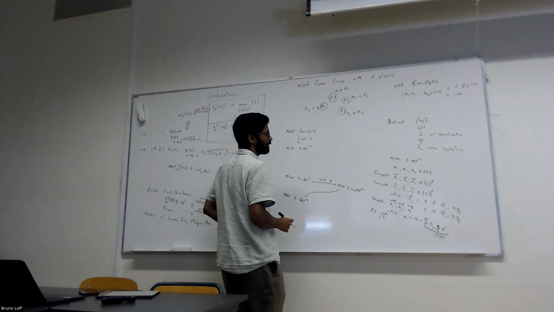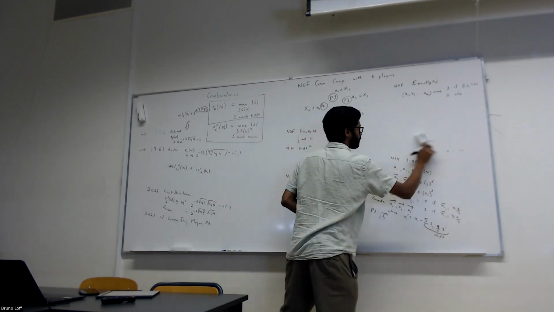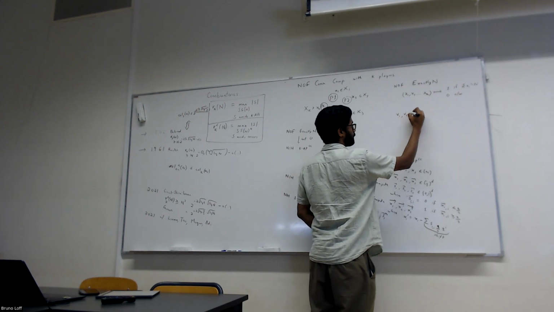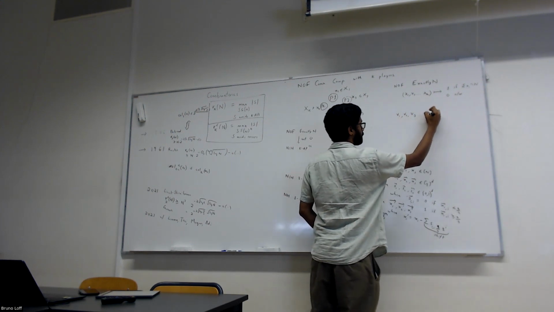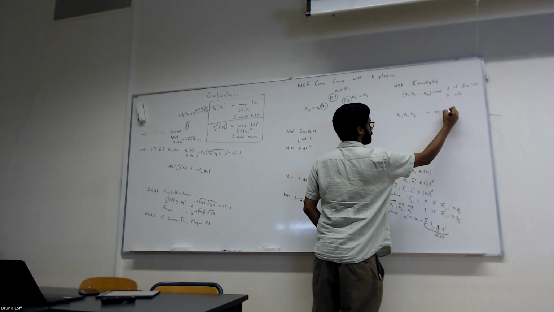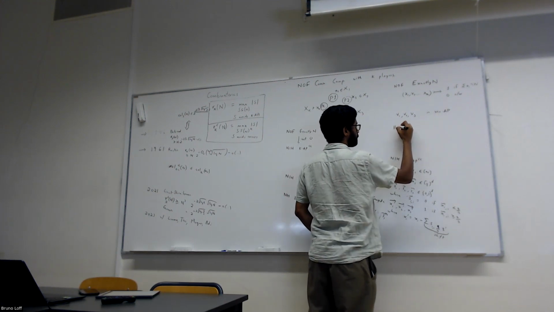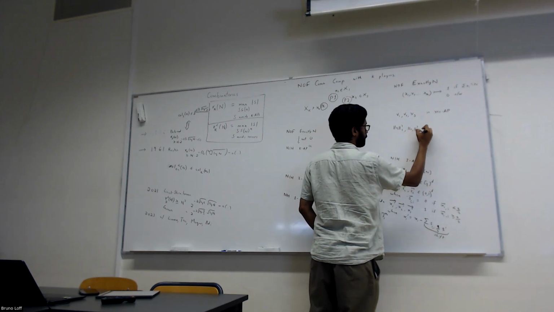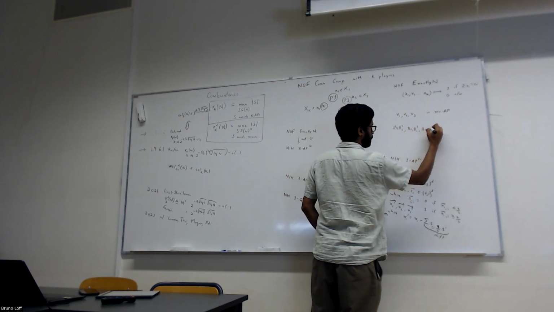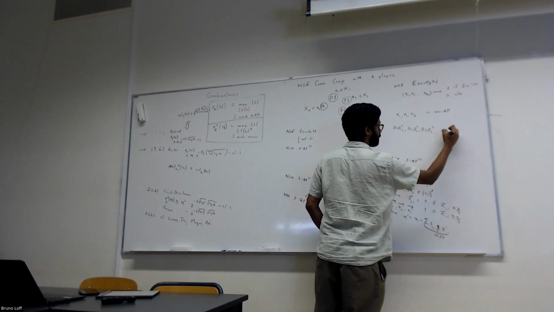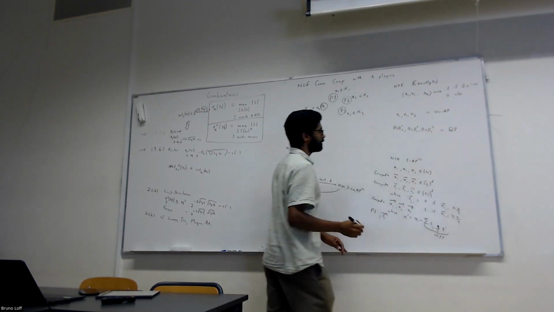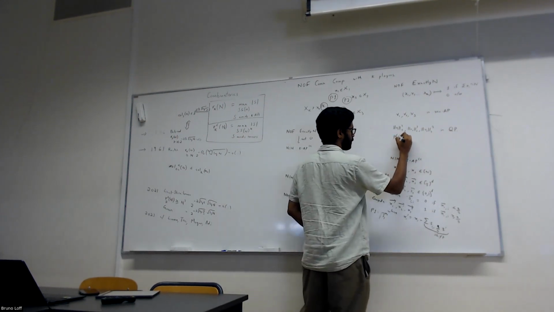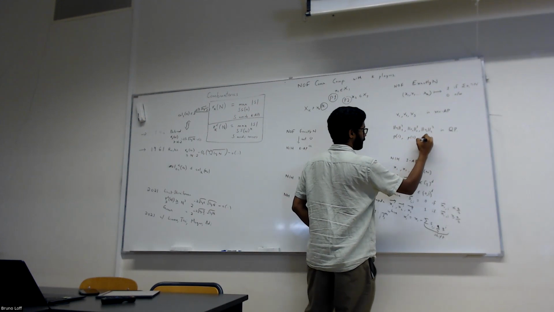So if V1, V2, and V3 are three vectors in an AP, then the norm squared actually becomes a quadratic progression. What does this mean? It just means that there is a quadratic polynomial such that these are P of 1, P of 2, P of 3.